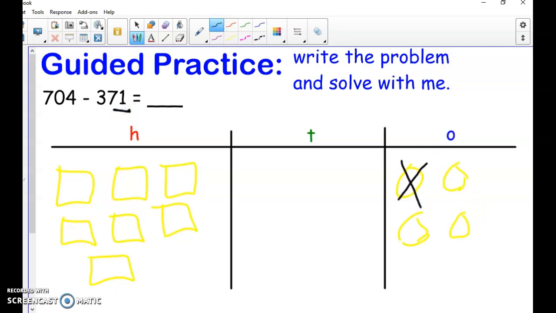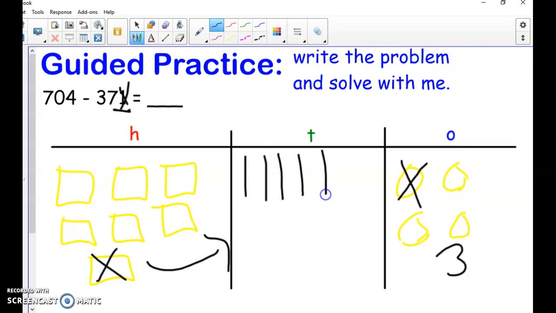And when I take away 1 one, I'm left with 3 ones. I need to take away 7 tens, but do I have any tens? No. So I need to what? Go next door and grab 10 more. 1, 2, 3, 4, 5, 6, 7, 8, 9, 10.